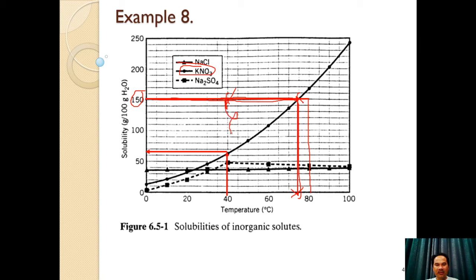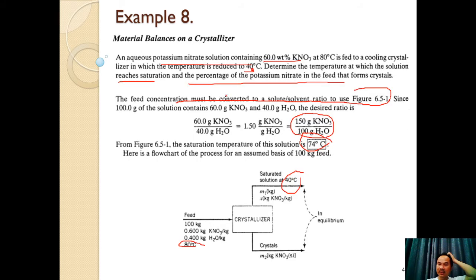It is confirmed that we will get crystallization at 40 degrees Celsius. Because we cool from 80, the saturation is at 24, and then for this system we cool to 40. At 40 it's supersaturated. The driving force can crystallize. This confirms the crystallization.